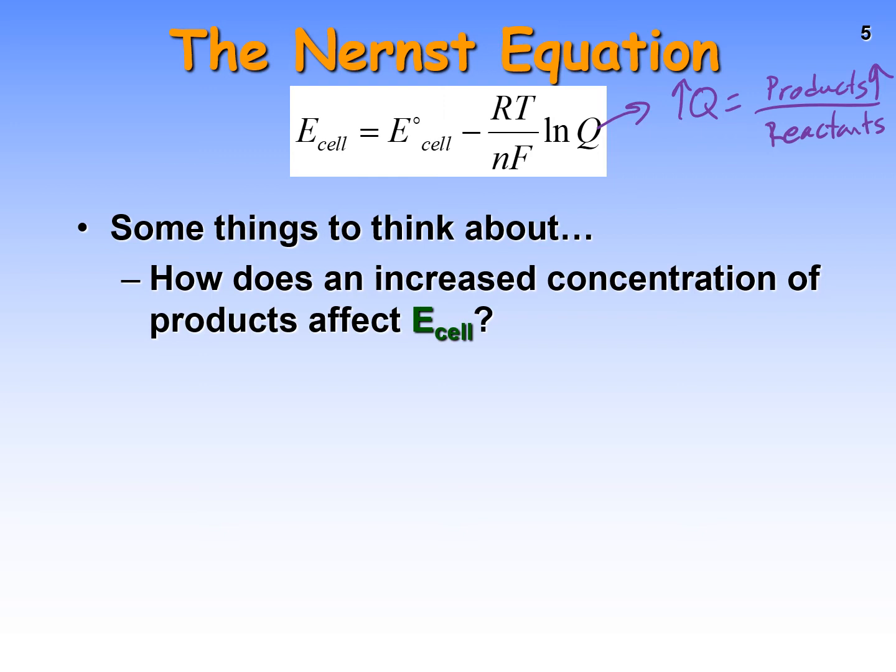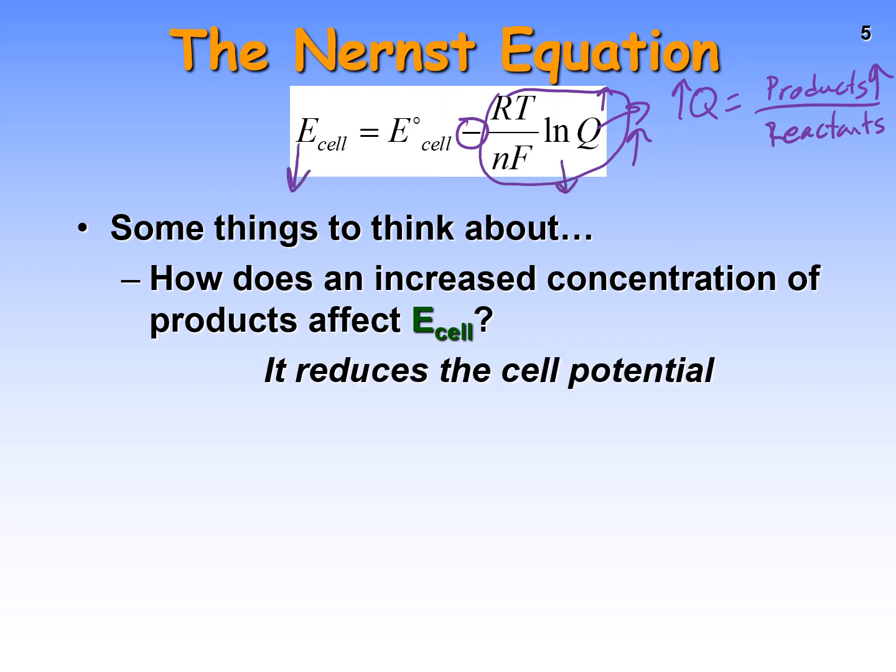What does that do to our equation, though? Because if Q gets bigger, then this whole term gets bigger. And since we're subtracting this, the larger this value is, the smaller our E cell is. It's going to reduce the cell potential as products are higher.